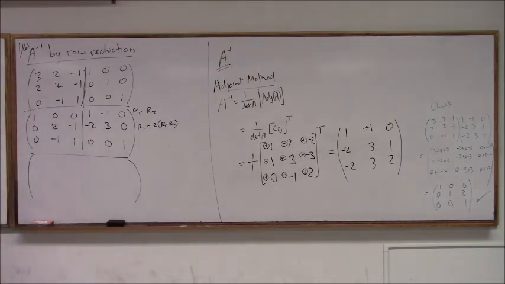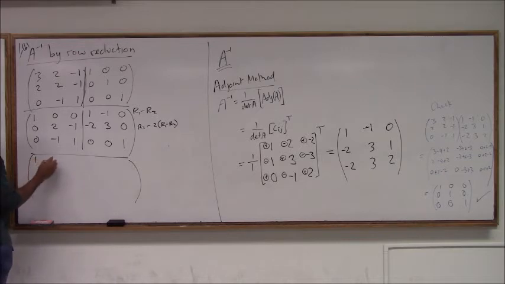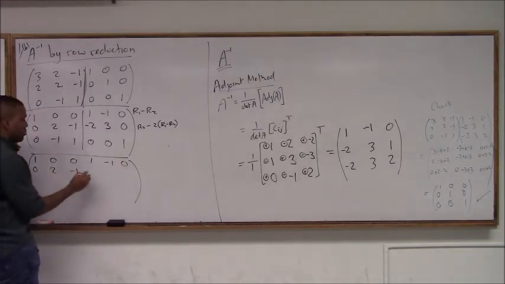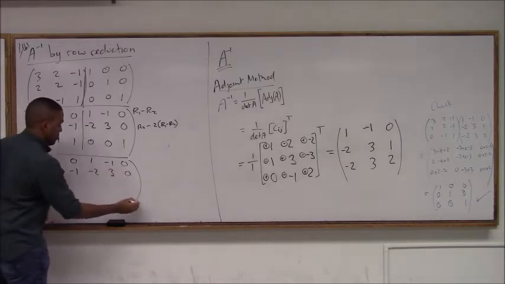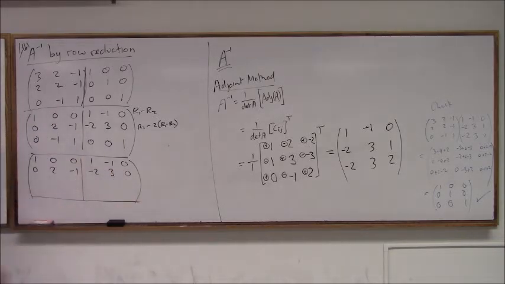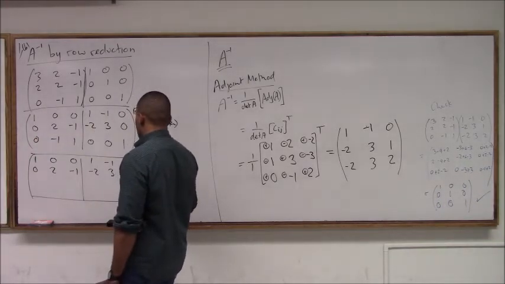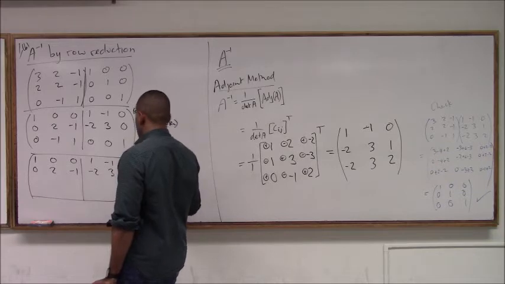Now let's immediately try to get this guy to die. So what can I do here? We're switching. Add row 3. Or I can just say row 2 plus 2 row 3, right?